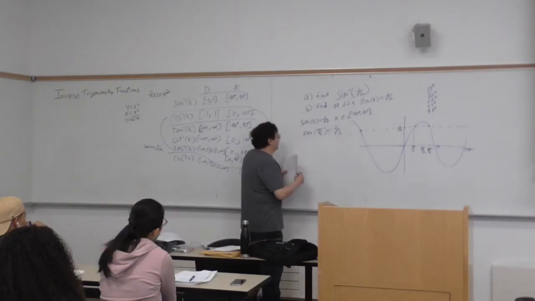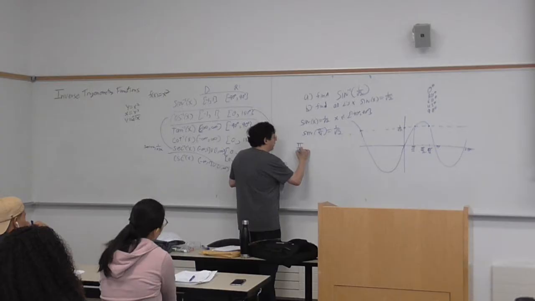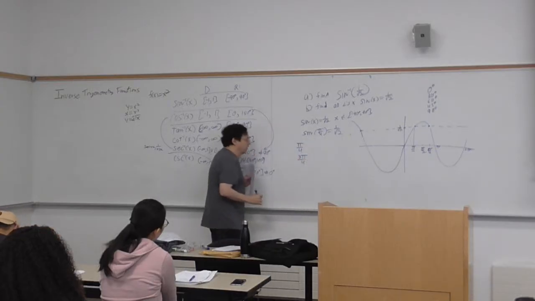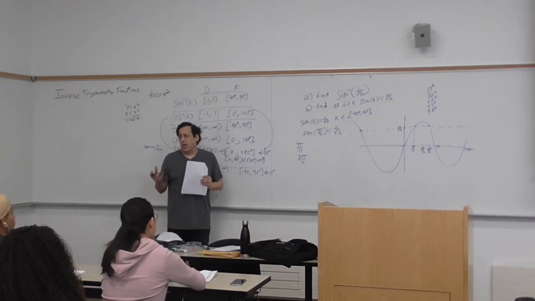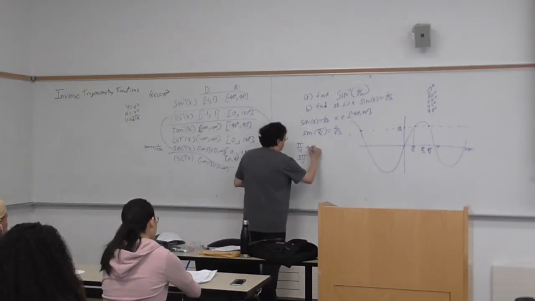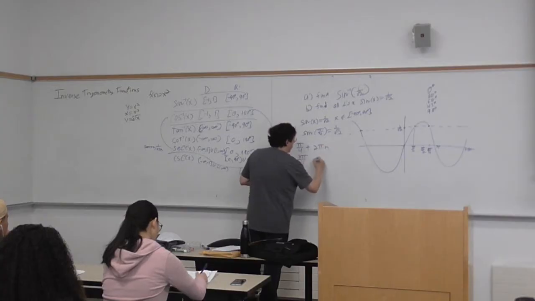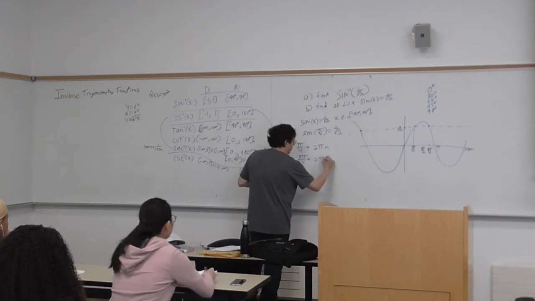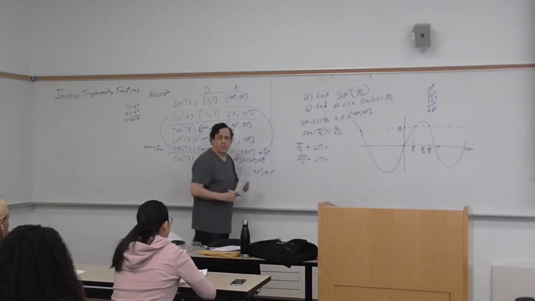So we have pi over 4 is one of the solutions, and 3 pi over 4 is also a solution. That's all you'll get. You'll get 2 solutions like that. But then you get the rest of them. Plus 2 pi n, where, of course, n is some integer.